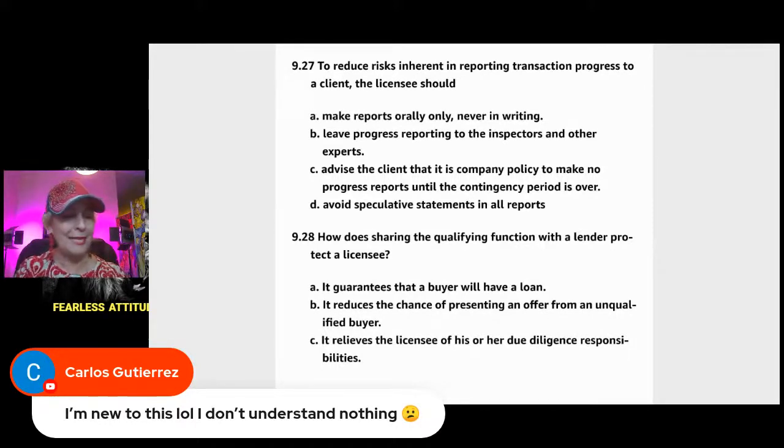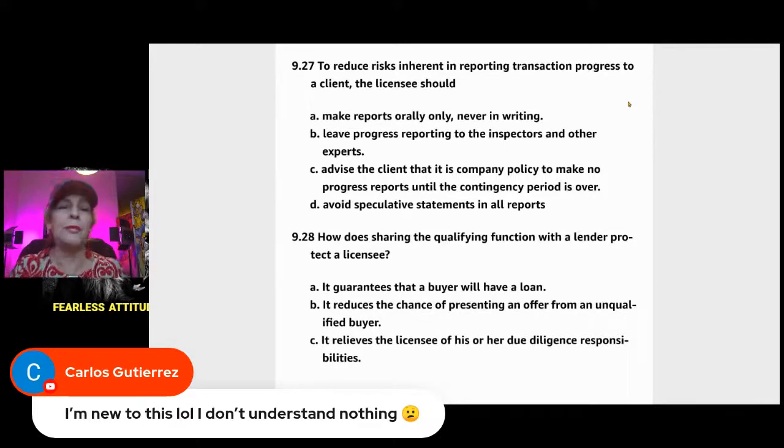So 27 is D, avoid speculative statements in all reports. One of the biggest complaints of a lot of clients is lack of communication from the realtors or the title companies or anyone. So it's important to communicate updates. So it's transaction progress, right? You have a contract and it's probably an escrow or any process that we're going through during the inspection, during the option period, going towards closing.